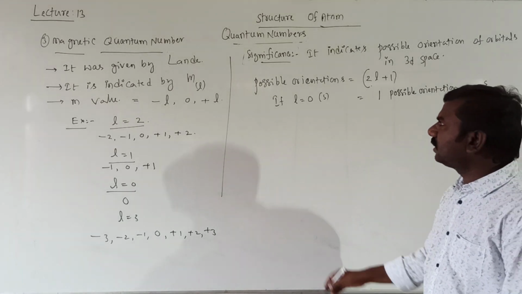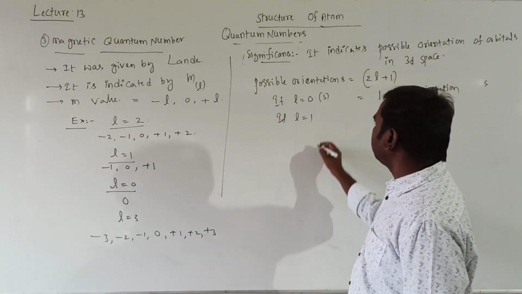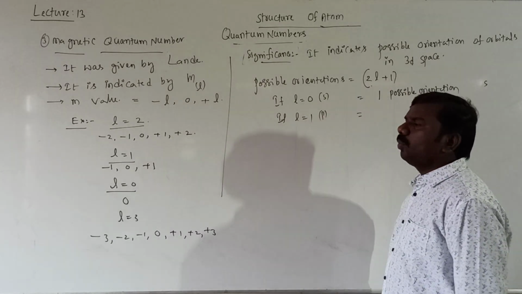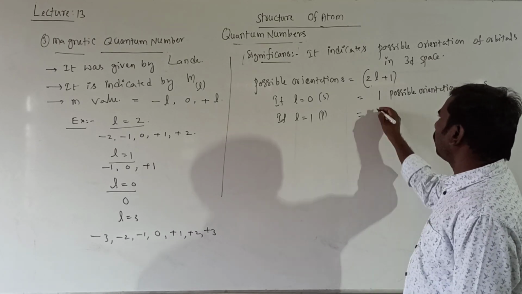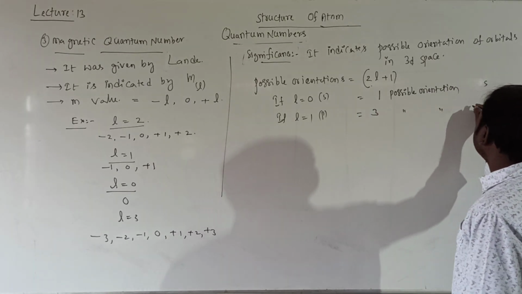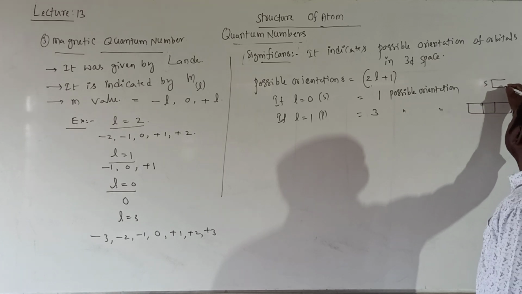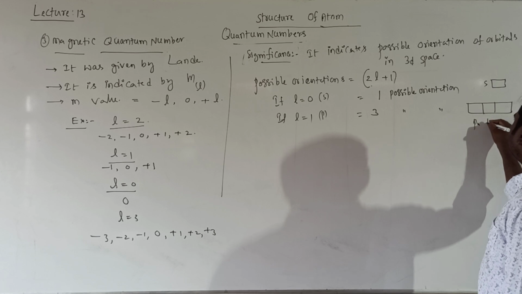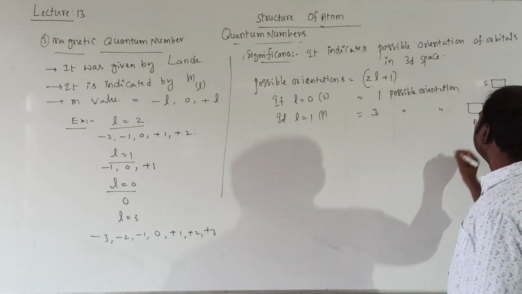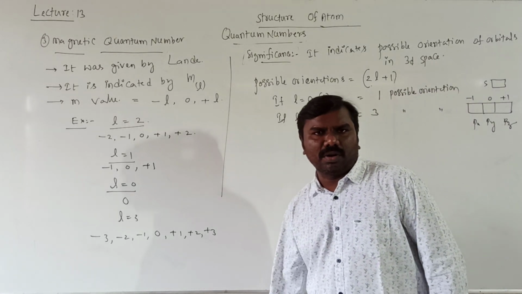Next, if l equal to 1, that is P actually. 2 into 1 plus 1, totally 2 plus 1, 3 possible orientations. Those are Px, Py, Pz. These are three possible orientations. This is minus 1, 0, plus 1. Understood or not?